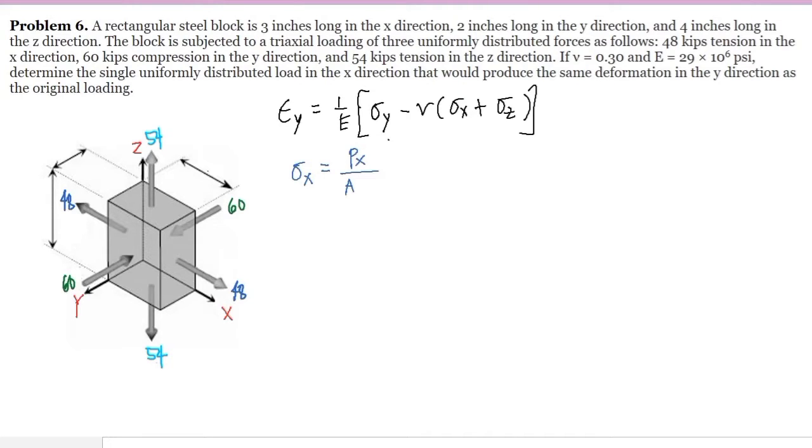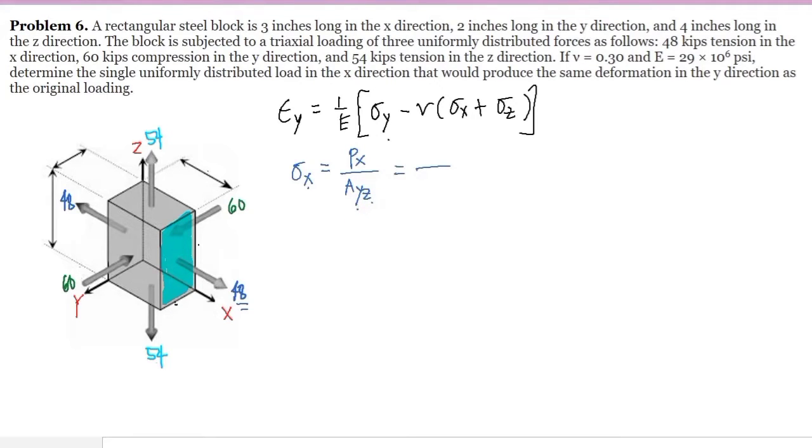Since our force in the x direction is 48, the area perpendicular to it is this area here. This part here is y and this is z, so we have the area in the yz plane, where this is x, this is y and z.